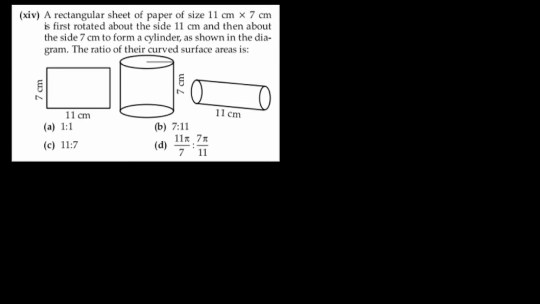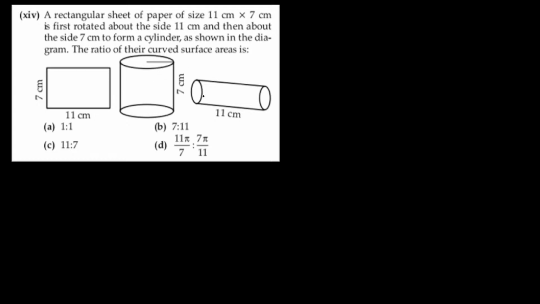So the 14th question you can see: a rectangular sheet of paper of size 11 centimeter into 7 centimeter is first rotated about the side 11 centimeter and then about the side 7 centimeter.